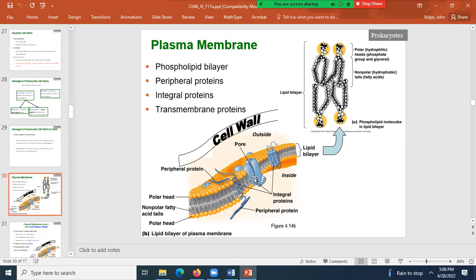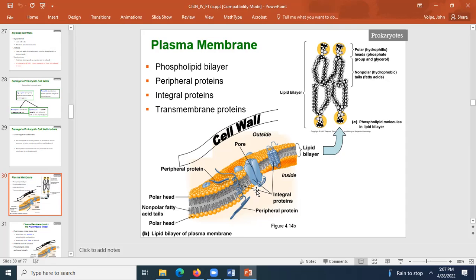Now, in the plasma membrane, we have a lot of proteins. Some of them are transport proteins or channel proteins. The difference between a channel protein and a transport protein is that a channel protein puts a pore in the membrane, and then things can move through that channel.